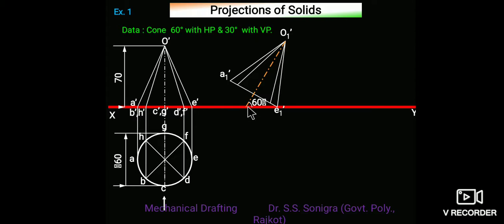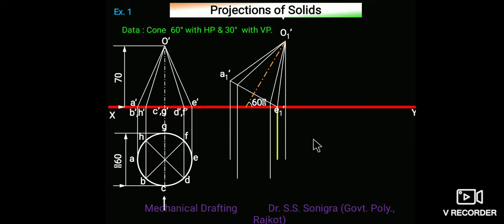So at an angle of 60 degree, draw a line. This angle is 60 degree, this angle is 90 degree, so this angle will be 30 degree. So from this point, draw a line at an angle of 30 degree on this side. Project all these points from here by taking radius or by measuring the distance. Anyhow, you have to redraw this triangle and name respective points.